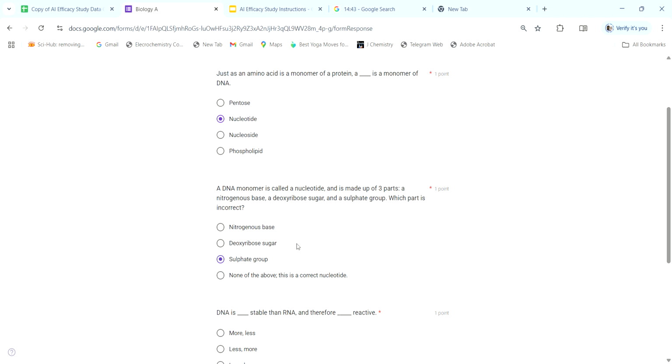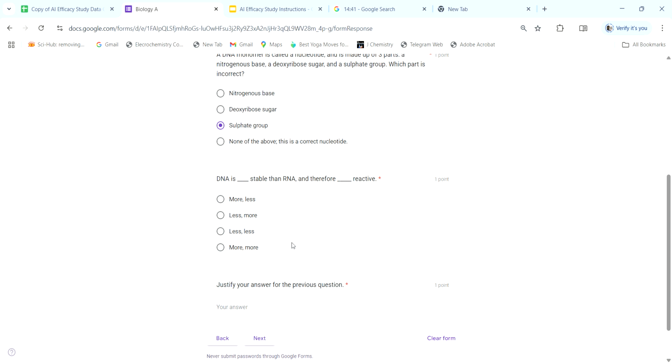DNA is more or less stable than RNA and therefore less or more reactive. So I think DNA is more stable than RNA because it has double-stranded structure, whereas in case of RNA it has single-stranded structure, so it will be less stable than DNA.